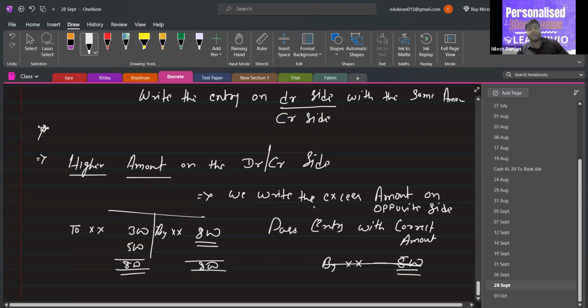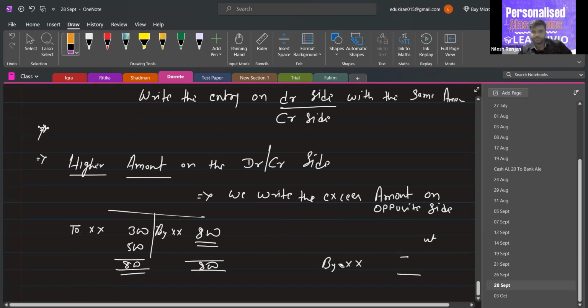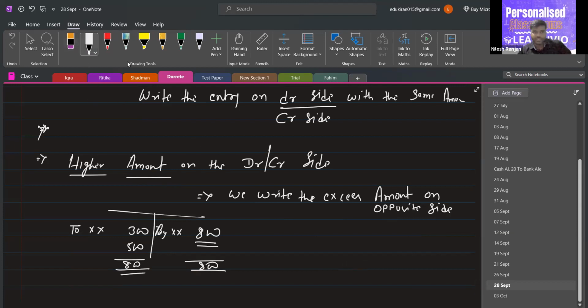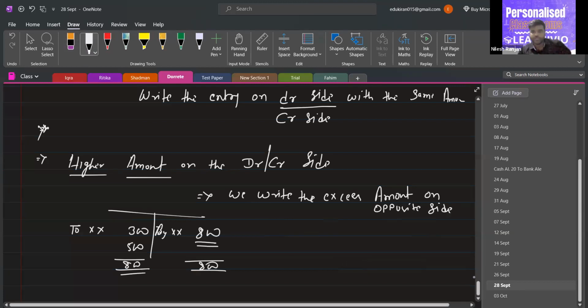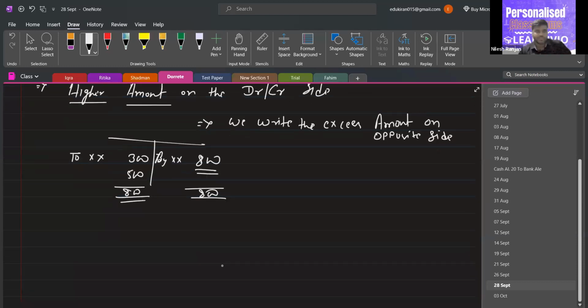If you write the excess amount on the opposite side, it will become correct. So this is our second incorrect entry and its treatment. We have done the less amount, we have done the higher amount. Now the third one.